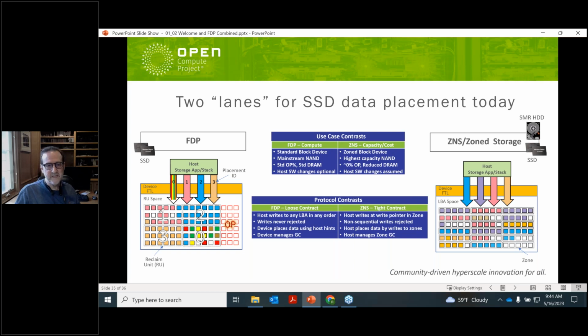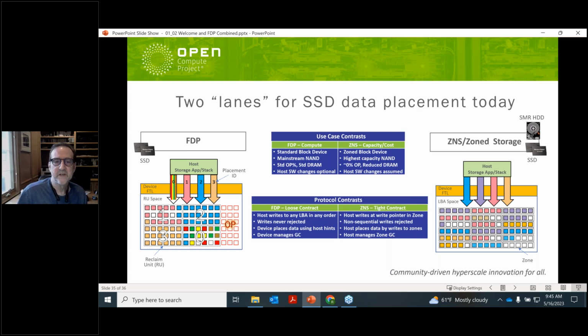One is FTP, which is really focused on SSDs. And the other is the ZNS zone storage ecosystem, which is not only SSD, but trying to harmonize with the SMR HDD ecosystem, and that's one of its core goals. Now, I view FTP as having emerged out of a compute use case. It wasn't primarily focused on capacity or cost.